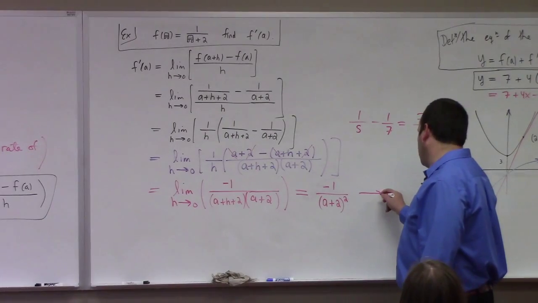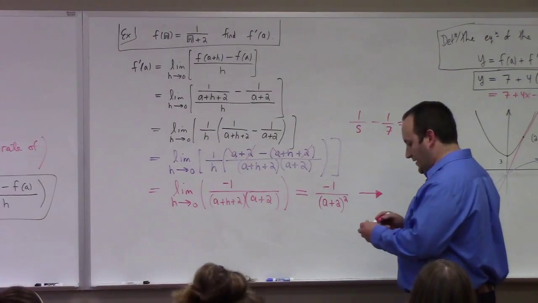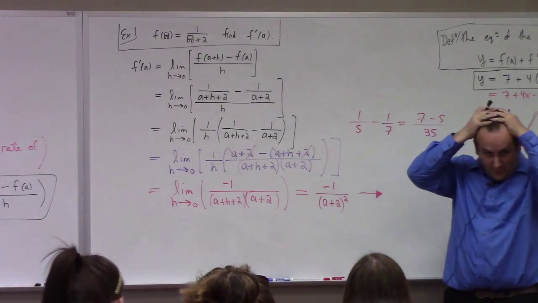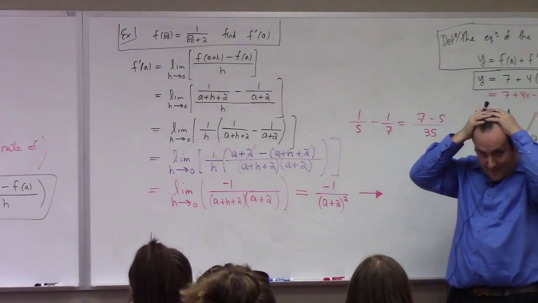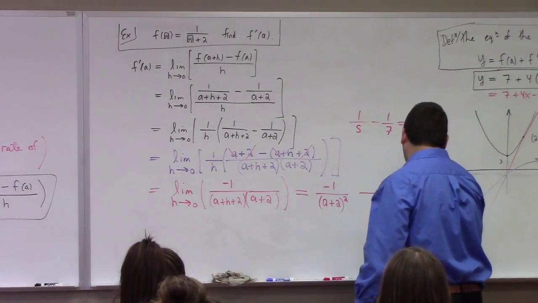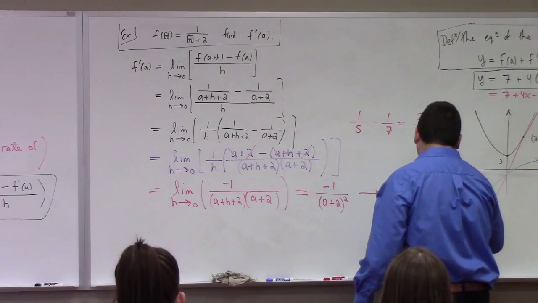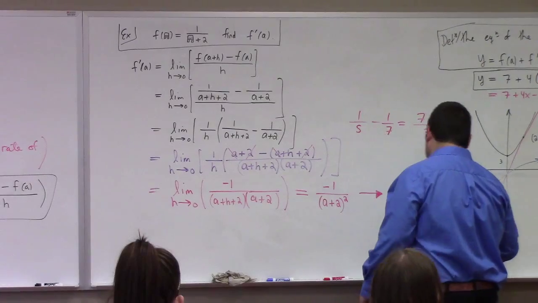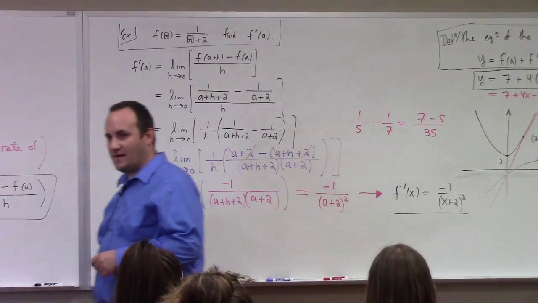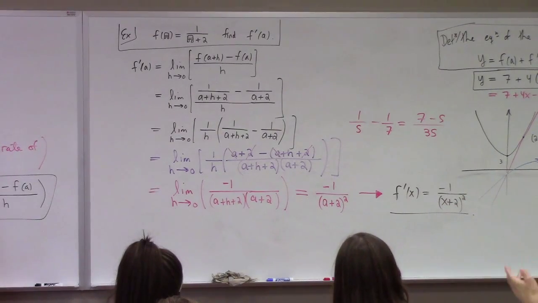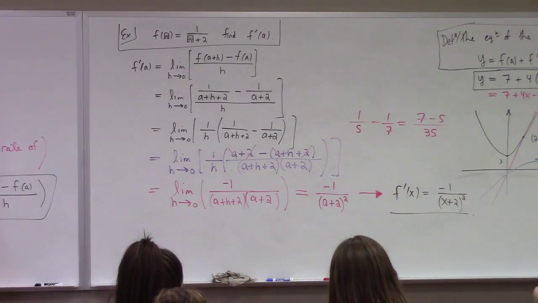So now, I hope I'm not going to blow your mind when I write this. Hold on, put your hands right here. Hold tight. But f prime of x is equal to minus 1 over x plus 2 quantity squared. Right.